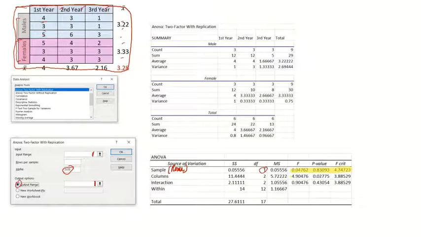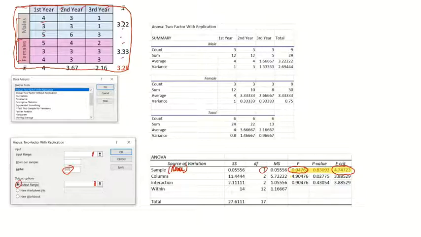I will not anymore draw the F distribution, but it's very obvious here that our F critical is way to the right, way past to the right, and our F value is well within the acceptance region.